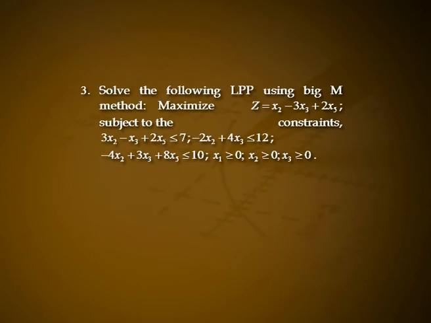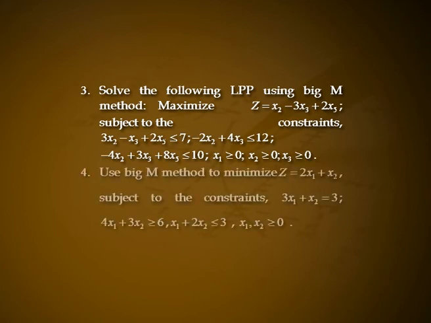3. Solve the following LPP using Big-M method. Maximize z equal to x2 minus 3x3 plus 2x5 subject to the constraints 3x2 minus x3 plus 2x5 less than or equal to 7, minus 2x2 plus 4x3 less than or equal to 12, minus 4x2 plus 3x3 plus 8x5 less than or equal to 10, x1 greater than or equal to 0, x2 greater than or equal to 0, x3 greater than or equal to 0.